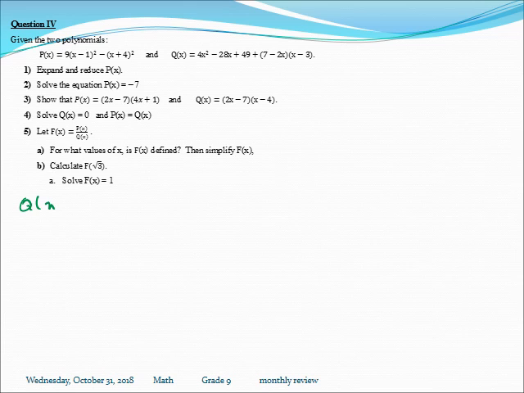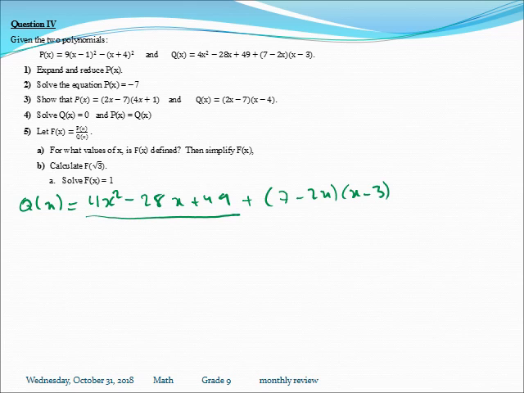Factorize Q of x: 4x squared minus 28x plus 49, plus 7 minus 2x times x minus 3. First, 4x squared minus 28x plus 49 is in the form a squared minus 2ab plus b squared, which equals a minus b all squared. So it is 2x minus 7 squared. Switch 7 minus 2x and put here minus 2x minus 7, times x minus 3.